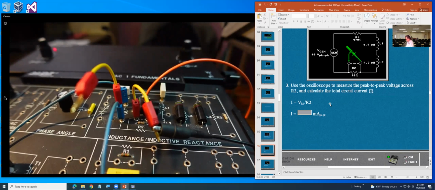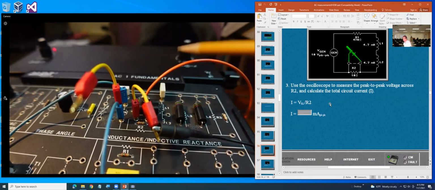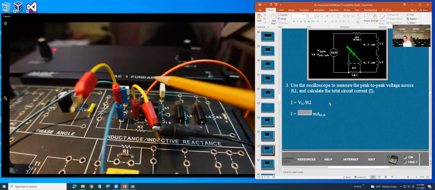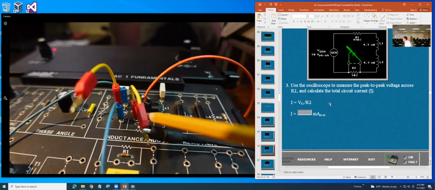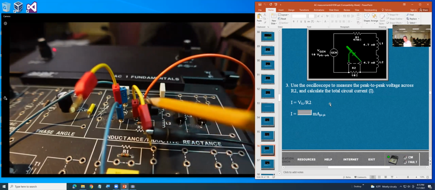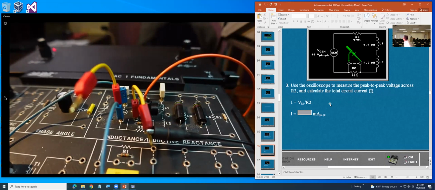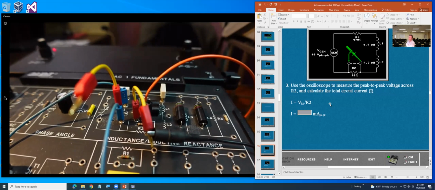Okay, so do you know how we connect? This is the scope probe high side. The other side will be scope channel 1 ground. And this is very, very important.